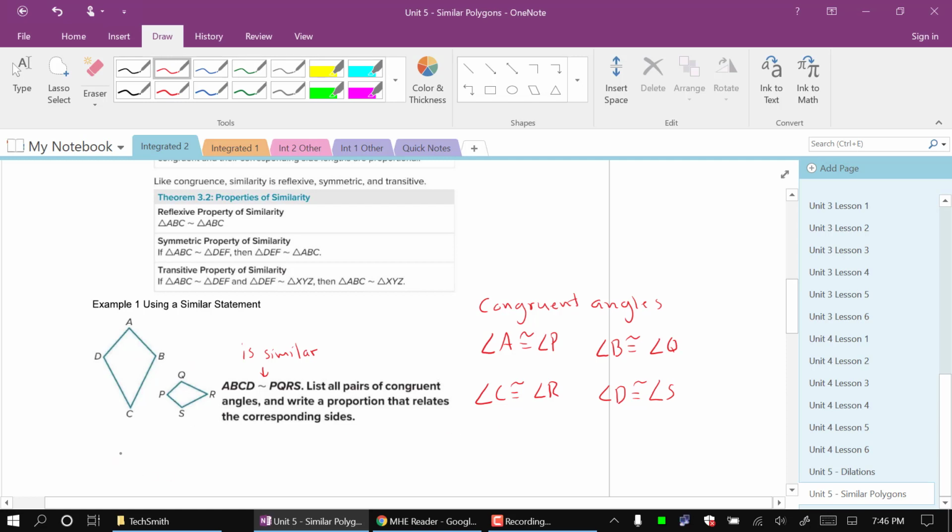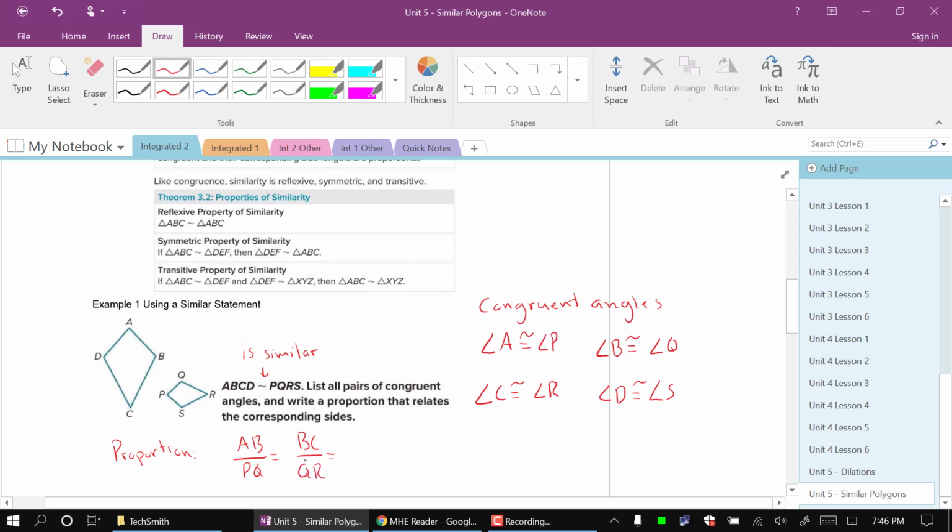Now let's set up our proportions. Our first one is that AB is connected with PQ, and this is equal to BC connected to QR.